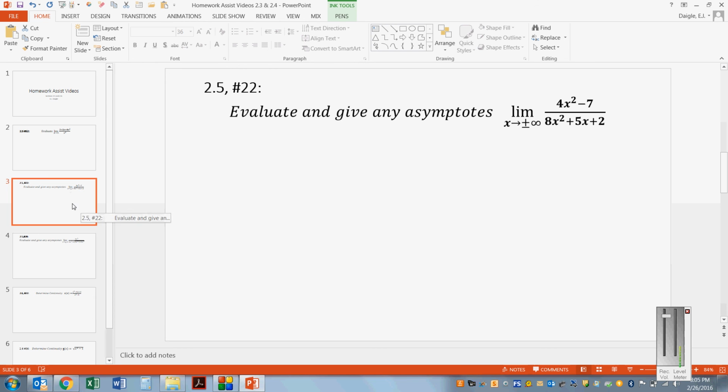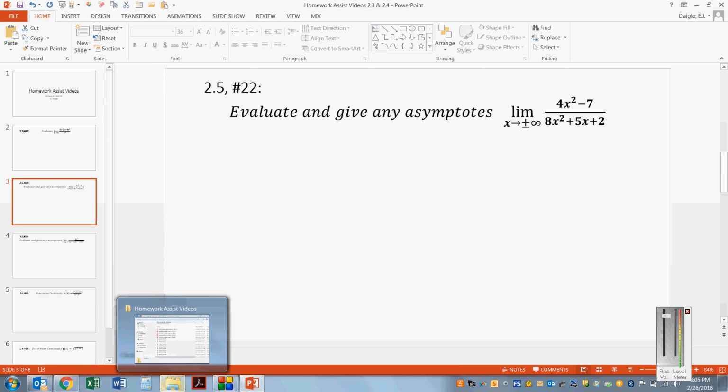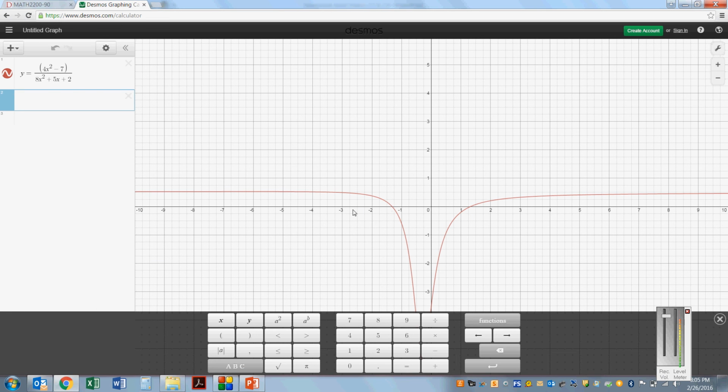What you'll notice here is what we just talked about on the slide. I apparently lost my notes here. What we talked about was that the horizontal asymptote was going to be y equals 1/2. If we go back into the shot, whether I'm going to negative infinity in this direction or positive infinity in this direction, you'll notice that as x goes out, my value of y gets closer and closer to 1/2.